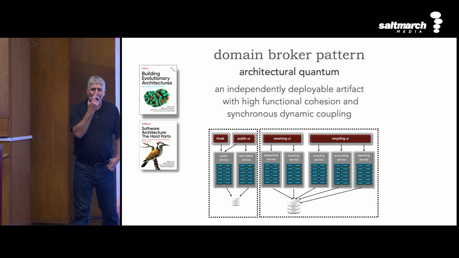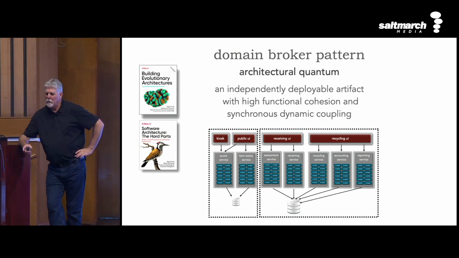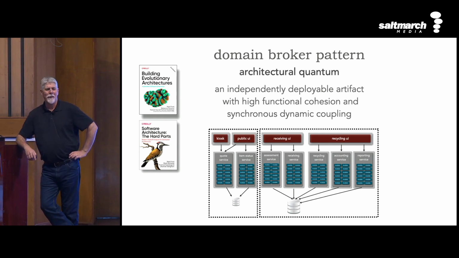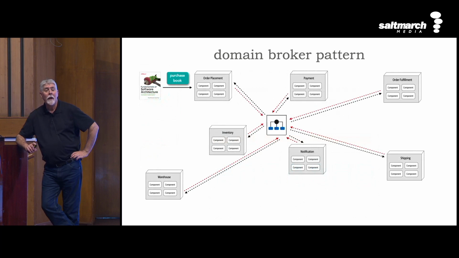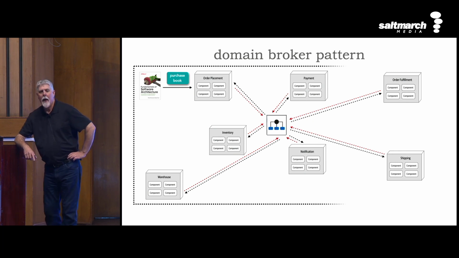Okay, why does this matter? Boy, that was a weird tangent. Wait, he was talking about brokers and queues. This is why it matters. How many architectural quanta exist in my highly distributed event-driven architecture here? 1.